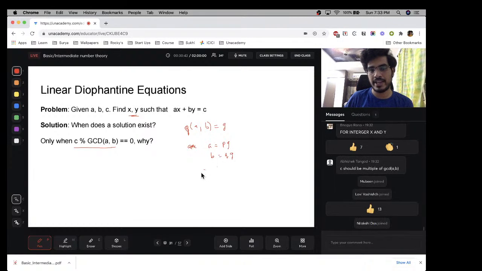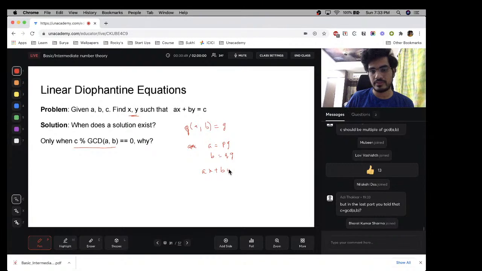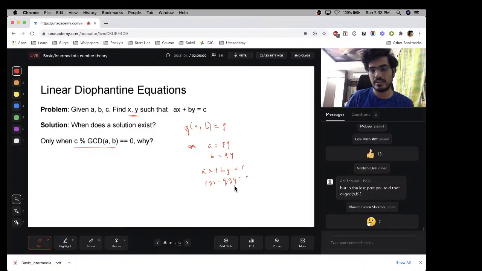Then we have ax plus by equal to c. This is equal to p into g x plus q into g y equal to c.